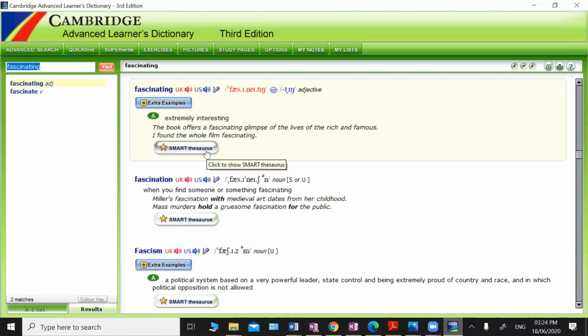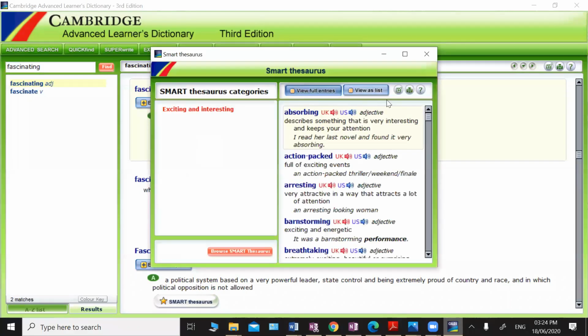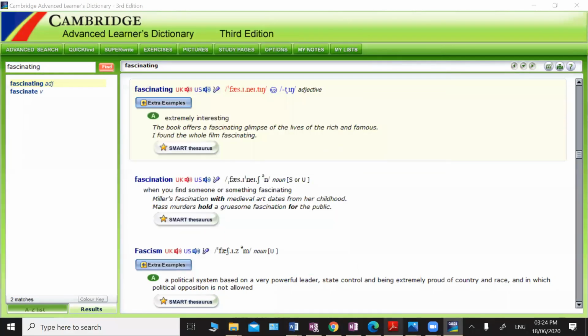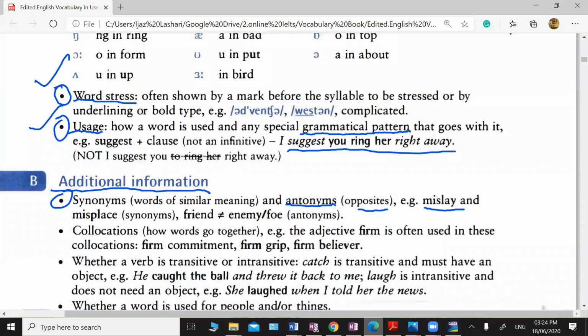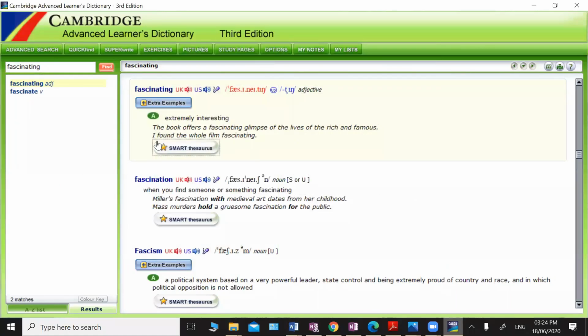When you click on smart thesaurus, it will give you synonyms and antonyms. A thesaurus is something which gives you more information: similar meanings, similar synonyms, antonyms. So you can look for this whole detail when you look at a dictionary like the one I'm showing you now.